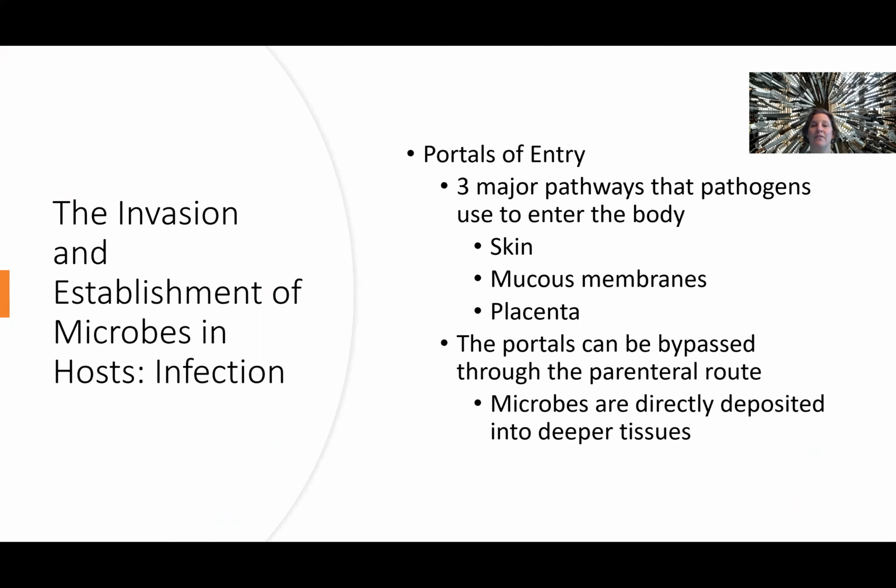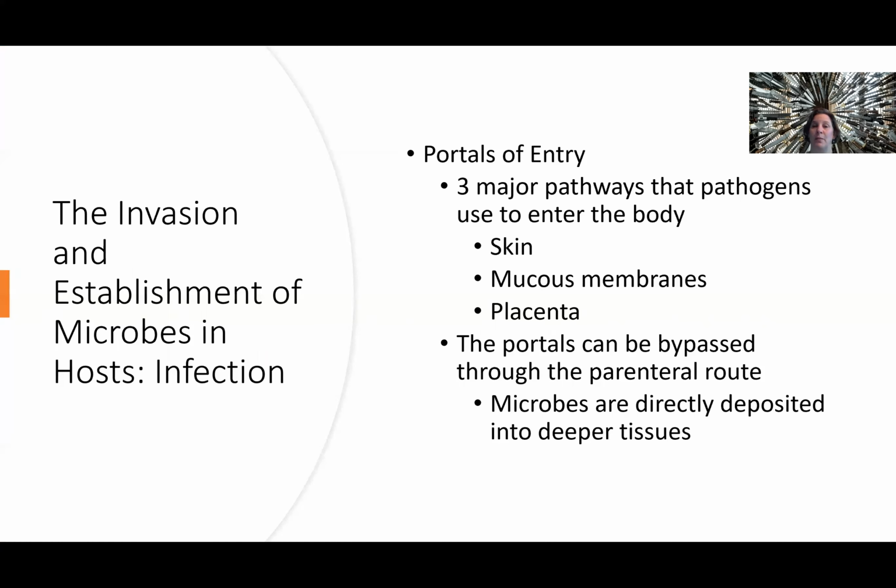So when we have an infection, we do have to think about the portal of entry. And the three major pathways that pathogens use to enter our body is through the skin, through a mucous membrane, and it can even enter a body through the placenta. Now, if we bypass those three normal routes, that can happen through the parenteral route.